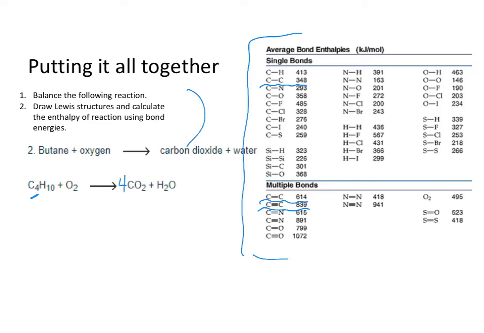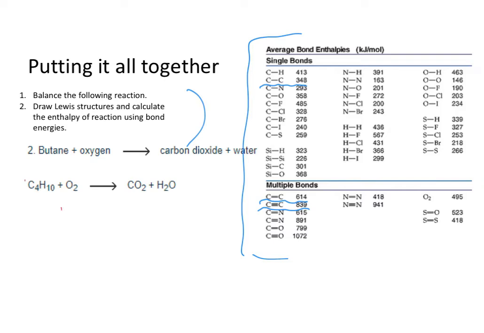I'm going to put a 4 in front of carbon dioxide. I have 10 hydrogens, so I'll put a 5 here. And of course, it's one of those tricky ones. 8 oxygen plus 5 more is going to give me an odd number. So I'm going to do the little trick where I start over with a 2 in front of the hydrocarbon.